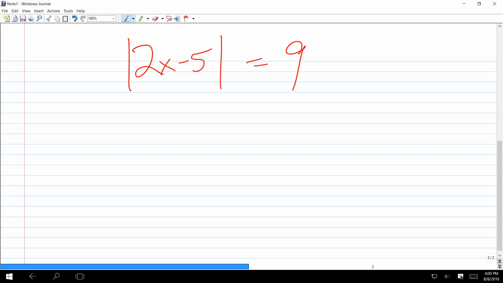When you have an inequality, and you have the inequality completely isolated like this, then you're ready to say that there's one of two things that are true. Either 2x minus 5 is equal to 9, or what?